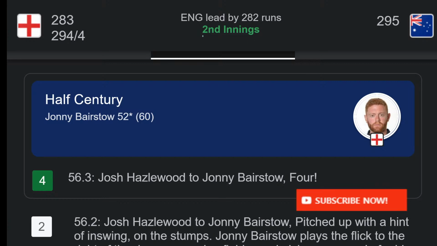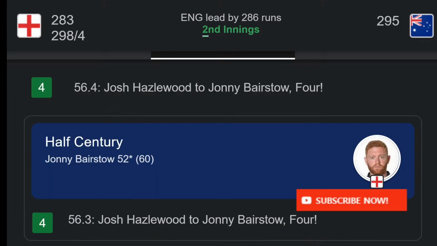Josh Hazlewood to John Bairstow, 4 runs, boundary. Another boundary, John Bairstow, off the bowling of Josh Hazlewood.